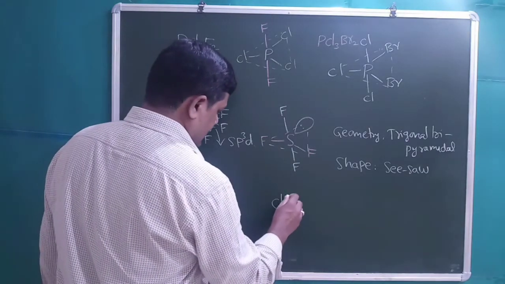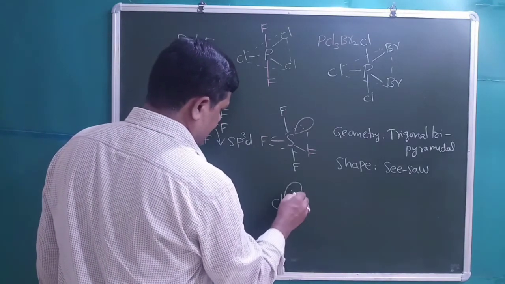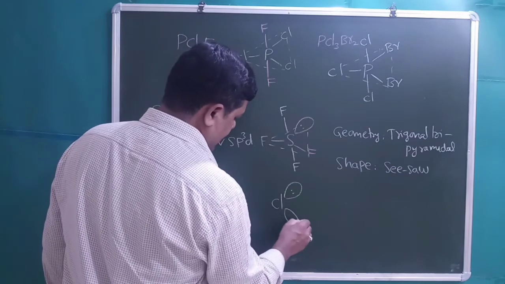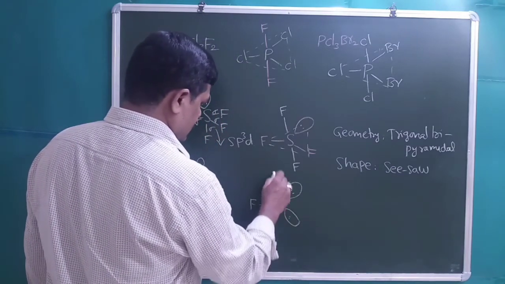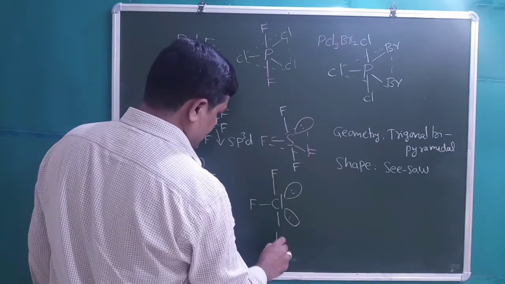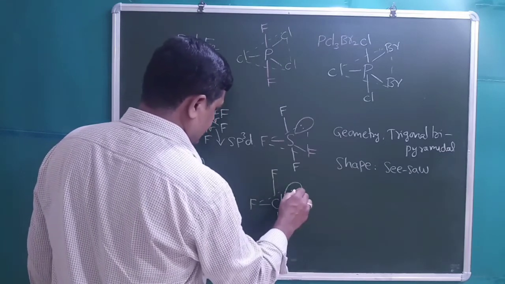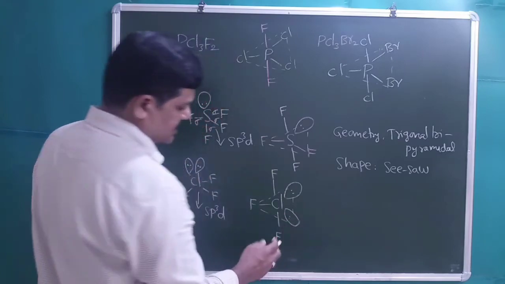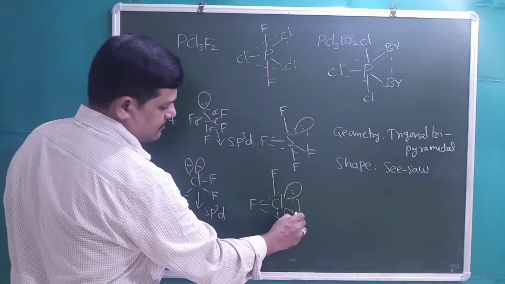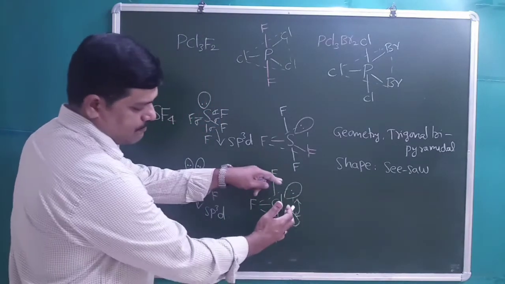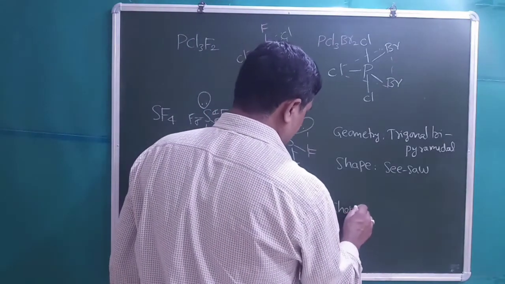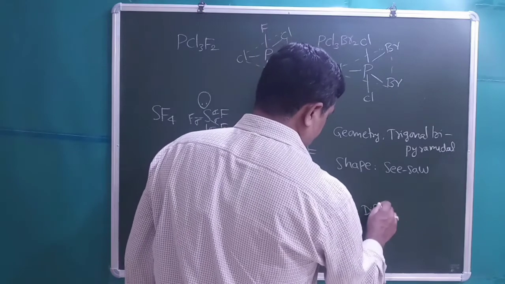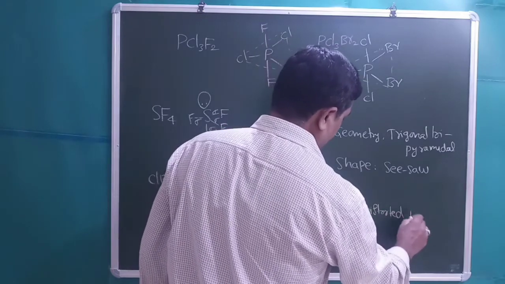The lone pairs, according to Bent's rule, are accommodated in the equatorial position, with one fluorine, and these 2 fluorines are in the axial positions. Due to lone pair repulsions, this will slightly bend; the shape of the molecule is called distorted T shape.